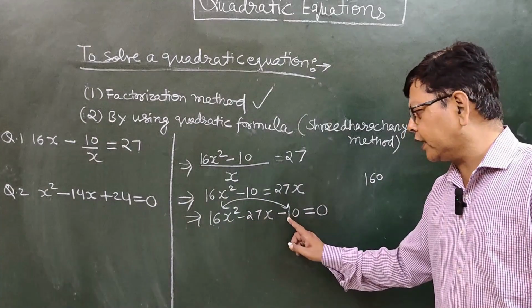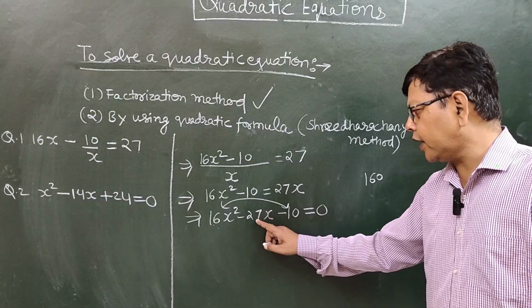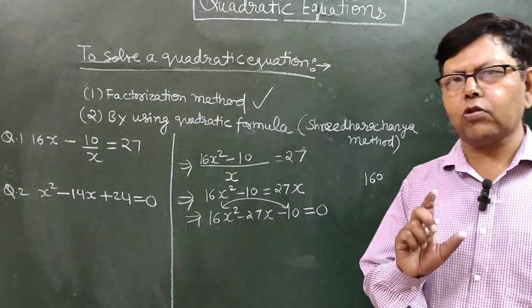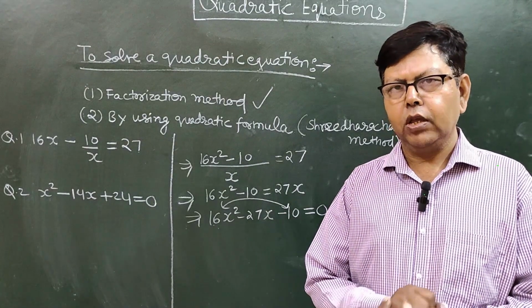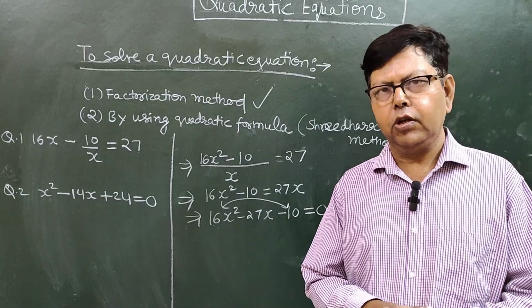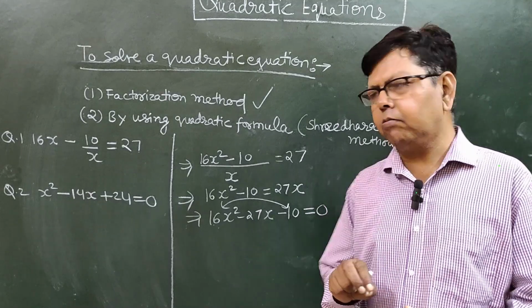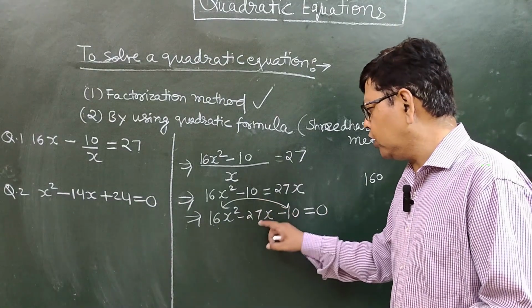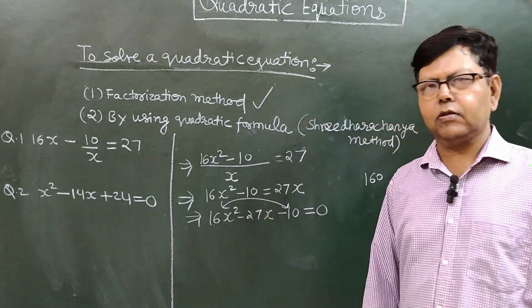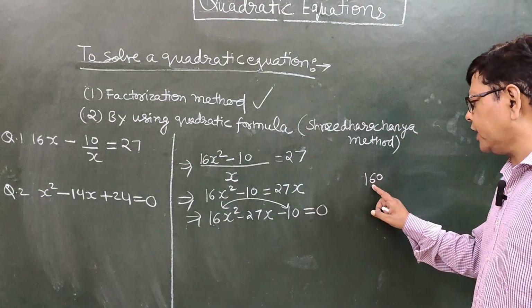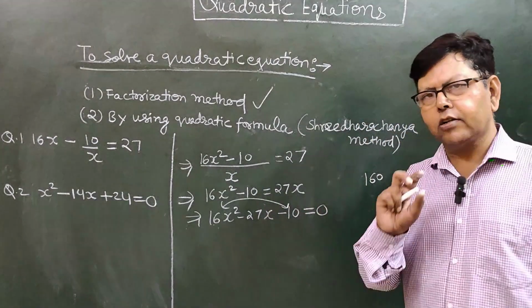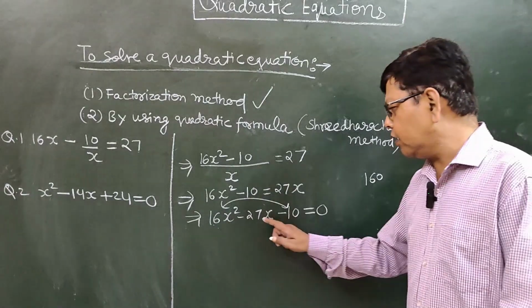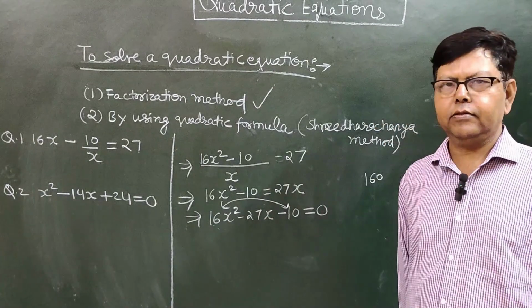If the product is negative, we write the middle term as the difference of two numbers. If the product is positive, we write the middle value as the sum of two numbers. So here the product is negative, so we will find two numbers such that their difference is 27.